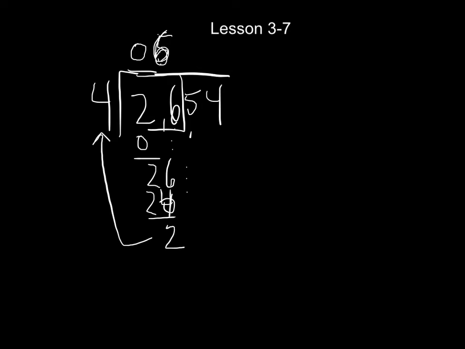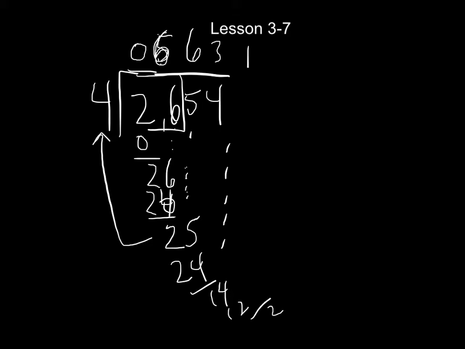Now that number is smaller than the divisor, so that means I can continue finally. And I get 25, and I know 4 can go 6 times, 6 times 4 is 24, gives me 1, and the last digit falls down, 14, and 4 times 3 is 12, with a remainder of 2. So I should have 663 with a remainder of 2.